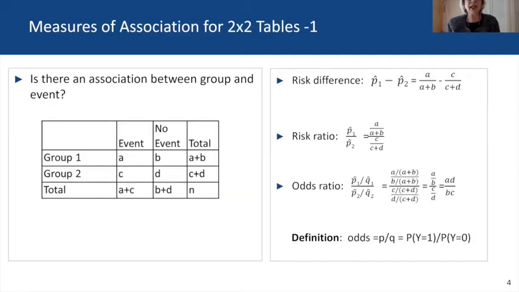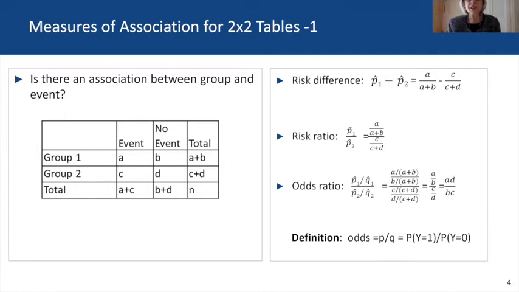So before looking at the example data, let's review 2x2 tables and common measures of association for 2x2 tables. We have here on the left-hand side a 2x2 table in which the rows are group 1 and group 2. The columns show us the number of events or no events.